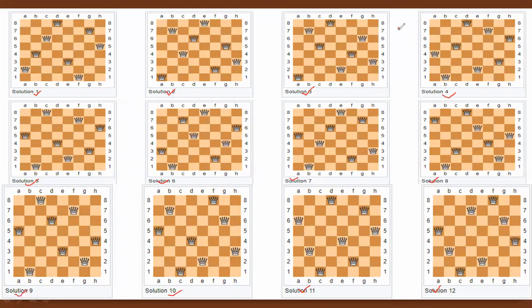If you apply backtracking to the 8 by 8 chessboard, satisfying the constraints that no two queens can be placed on the same row, same column, or diagonal, you will get a maximum of 12 distinct solutions. The answer is 12 distinct solutions from the given n by n chessboard.